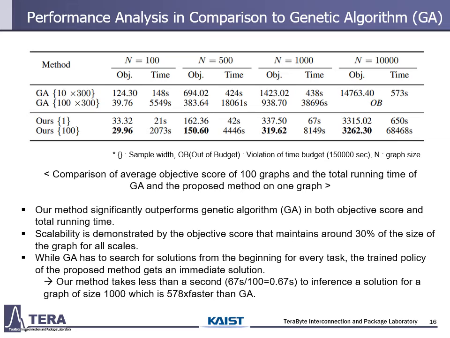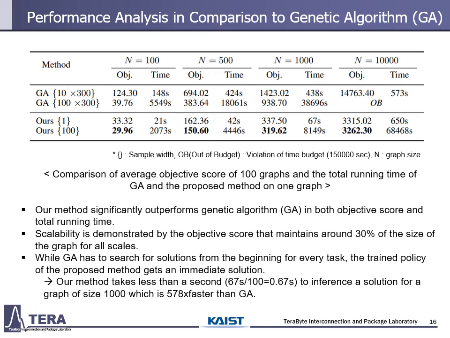And lastly, we would like to highlight the scalability of our algorithm, which is very outstanding. We can observe this by looking at the objective score, which maintains around 30% of the size for all the scales tested. So, for example, if the number of graph nodes is 100, the objective score is around 30.